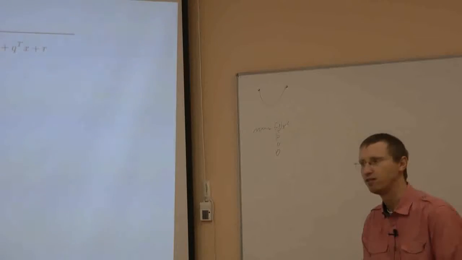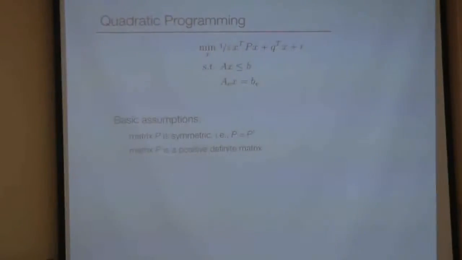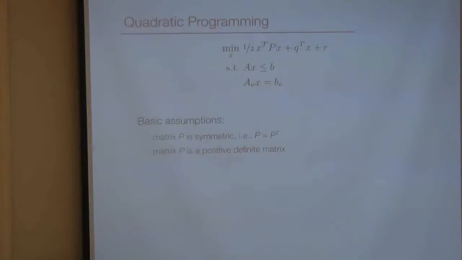Linear programming is the simplest possible optimization problem. Quadratic programming is something more difficult than linear programming. So if somebody gives you a problem like this and tells you that the P matrix is 0, which lecture will you look for from this class? Linear programming, because it reduces to a linear program.